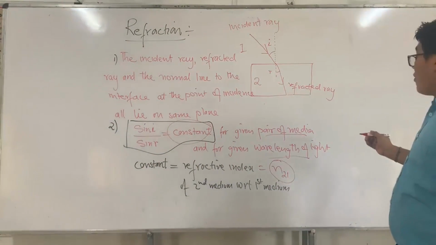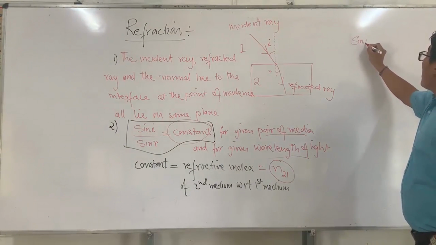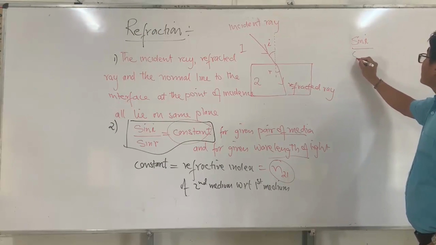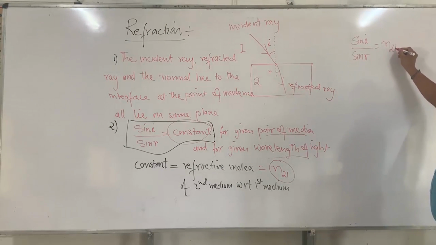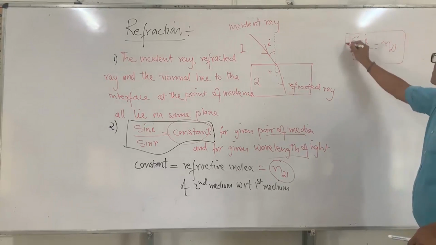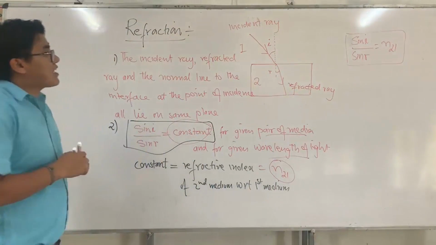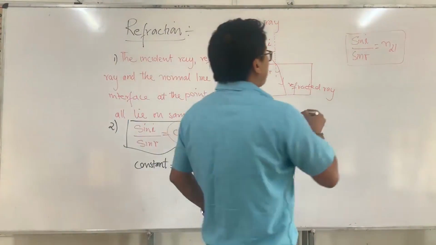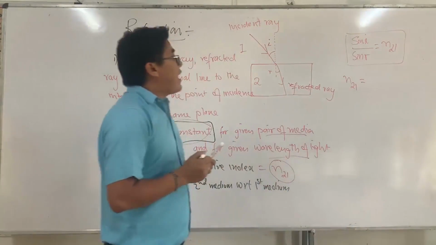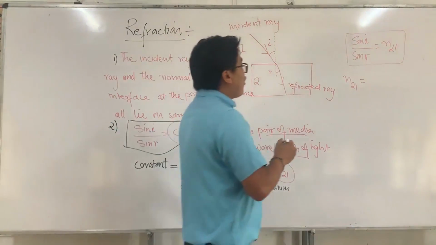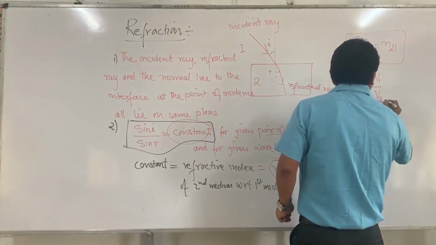N to 1. So therefore, I would like to write here sin I divided by sin R is equal to n to 1. And again I say that this refractive index, this constant, is also defined as the ratio of velocity of light in the first medium divided by the second medium.